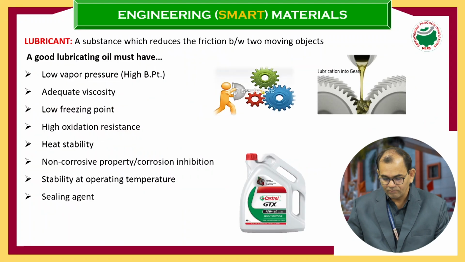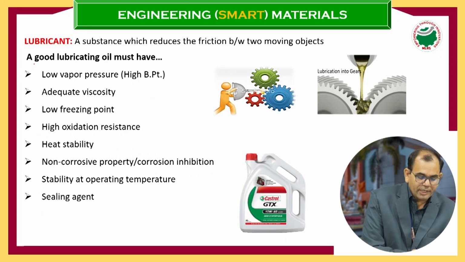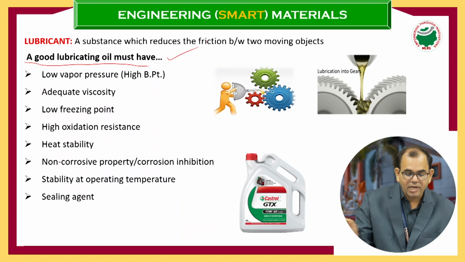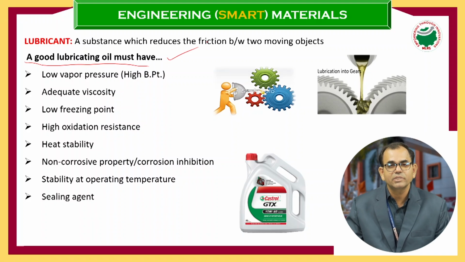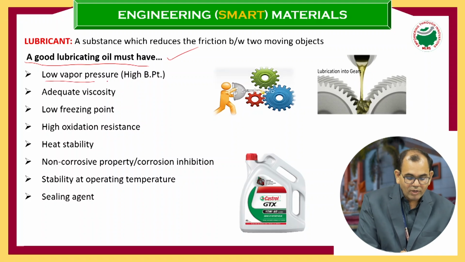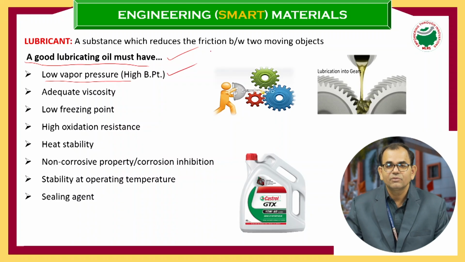Now, a good lubricating oil must have the following characteristics. First, lower vapor pressure. For example, due to high vapor pressure, if we don't close the petrol tank lid properly, petrol will easily evaporate, because it is highly volatile.